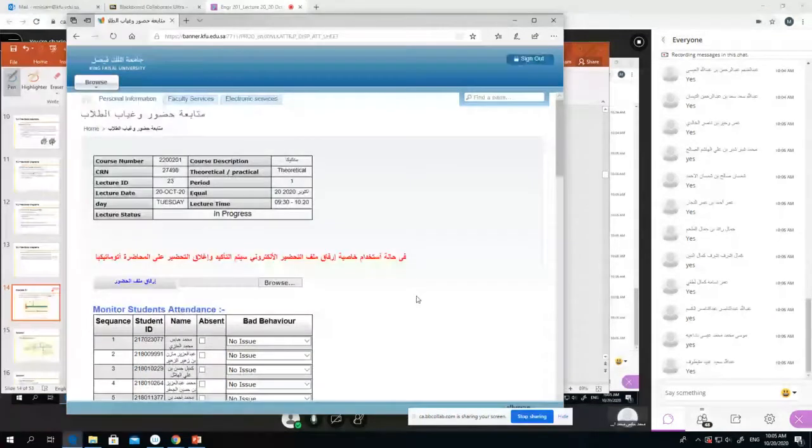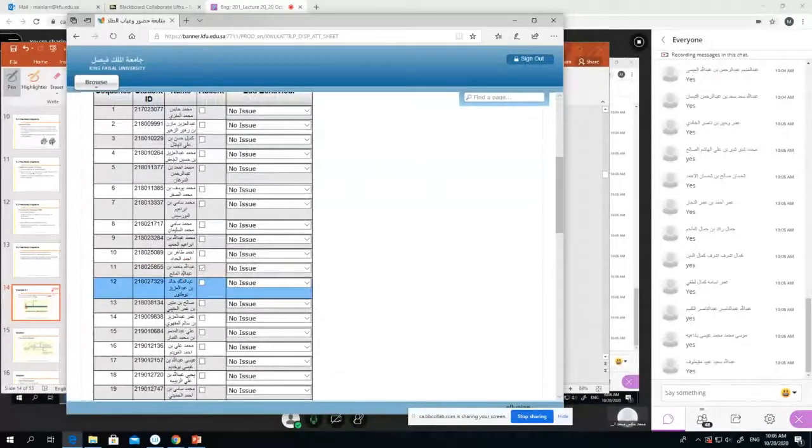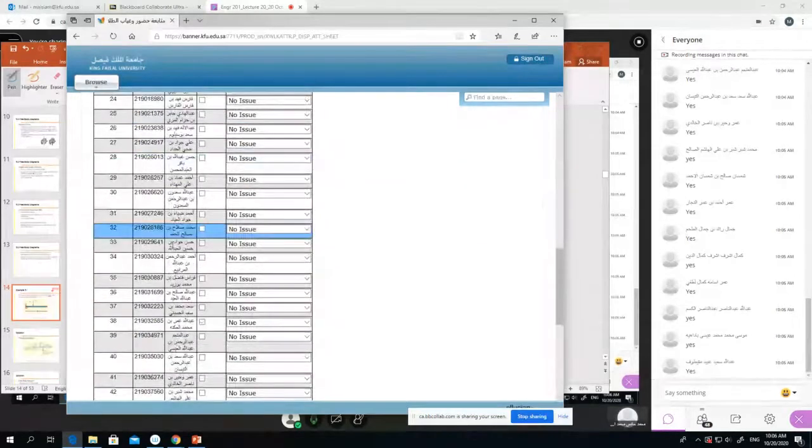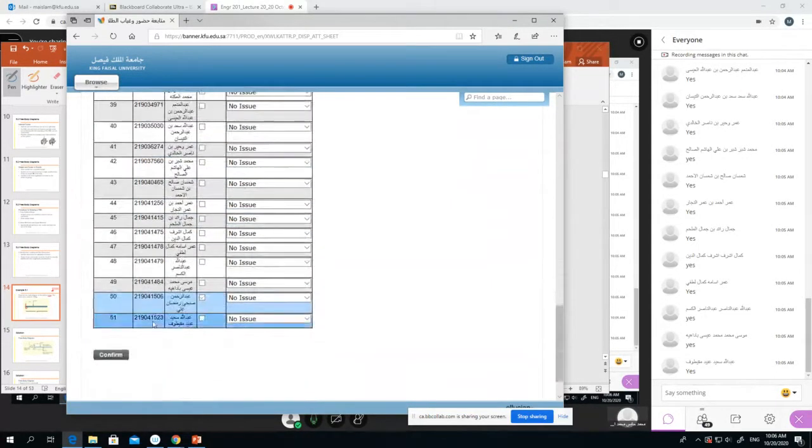Okay, now I am double checking. Abdullah Muhammad Abdullah, are you here? Abdullah Muhammad Abdullah absent, right? Abdullah Umar Muhammad absent. Abdul Rahman Sabhi, I think you are here.